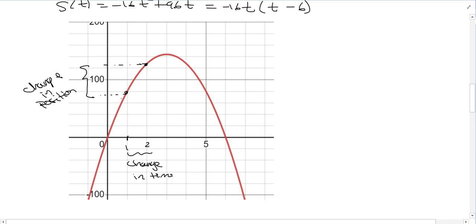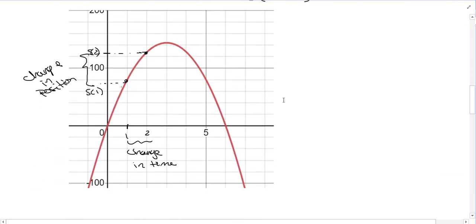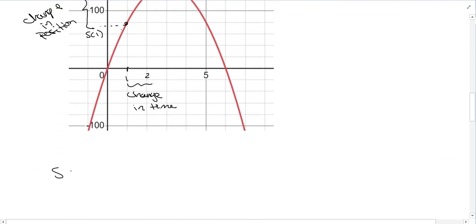So how do we find the change in position? You have to do s of 2 minus s of 1. So that's why I'm doing that up here, s of 2 minus s of 1. So let's figure out what that is. So s of 2 minus s of 1 divided by 2 minus 1.